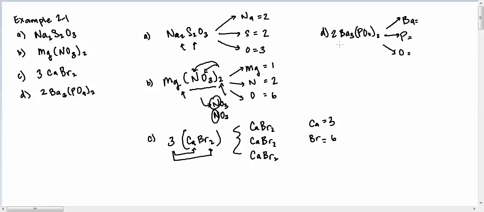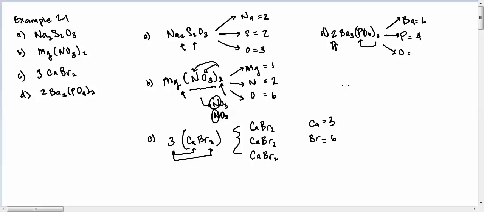Now, the barium, there's 3 barium, but remember, I'm multiplying it by 2 out in front, so there's actually 6 barium. As far as phosphorus goes, this 2 over here gets distributed to that phosphorus over there, so there's 2 phosphorus, but remember, I am multiplying this whole thing by 2, again the coefficient out in front, so there's actually 4 phosphoruses.